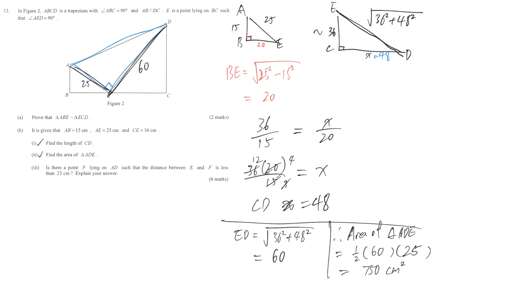So basically they are asking you to compare it with the minimum distance. The shortest distance is here. If this is less than 23, then that means it's okay. But if it is, let's say, 24 point something, then that means it is impossible.